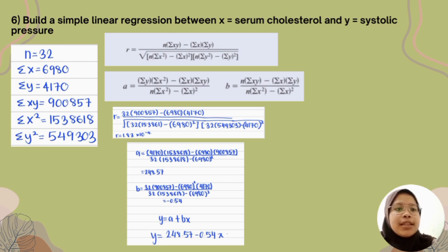So we just enter the values that we get into the formula, and we can make the linear regression, where the equation is y equal to a plus bx. So we can get the answer y equal to 248.57 minus 0.54x.